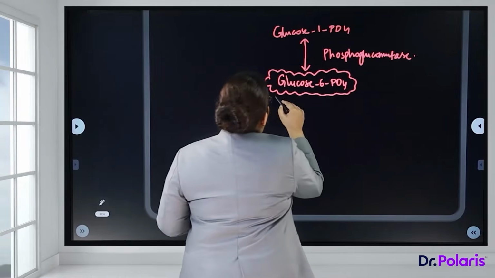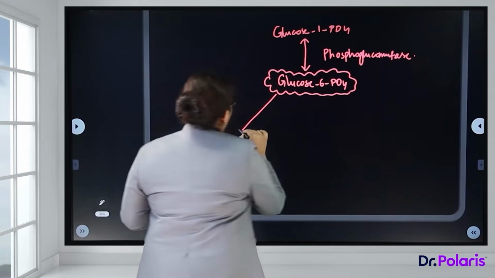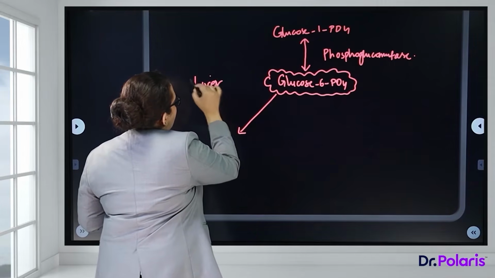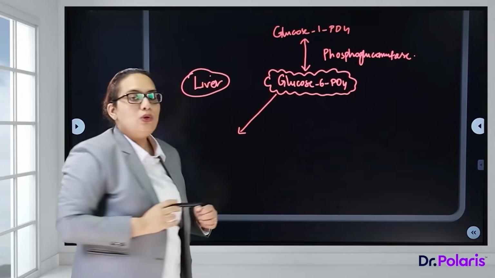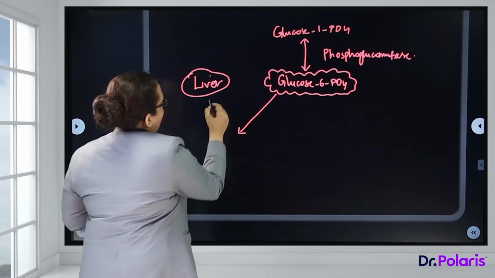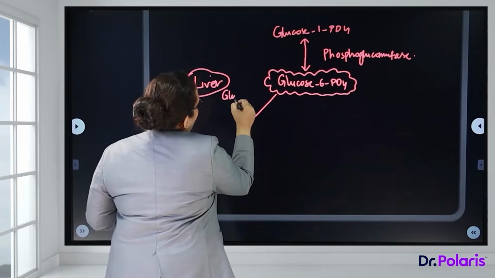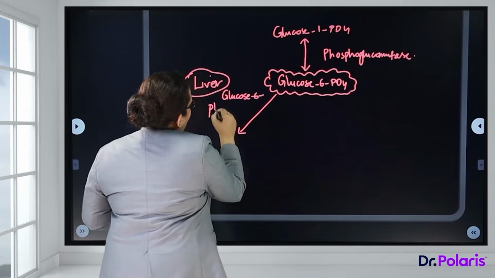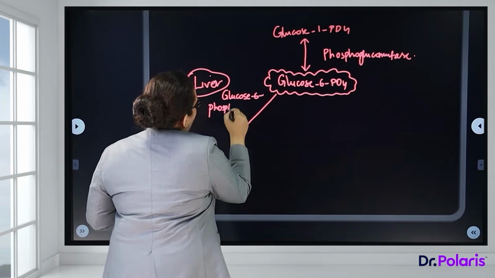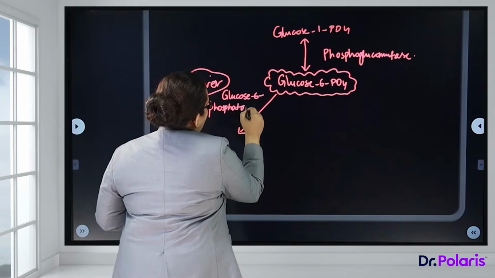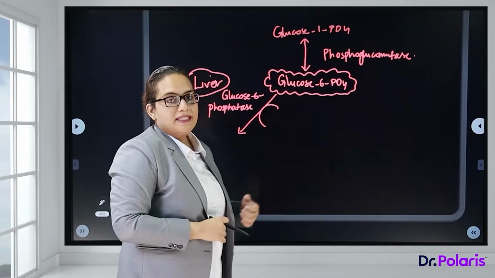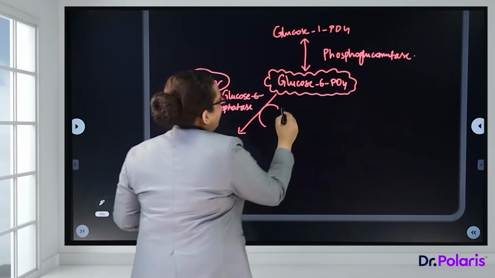In case glycogenolysis is occurring within the liver, the liver has an enzyme known as glucose 6-phosphatase, which is also a key enzyme of gluconeogenesis, in which the phosphate group attached to the 6th carbon atom of glucose is removed.